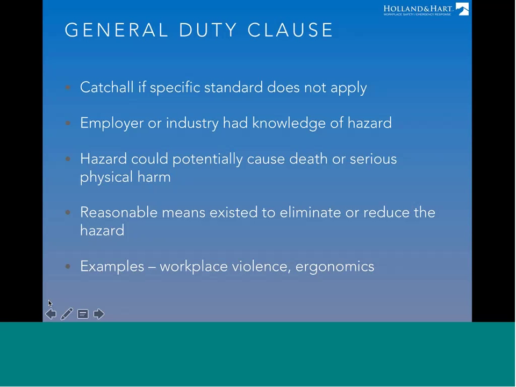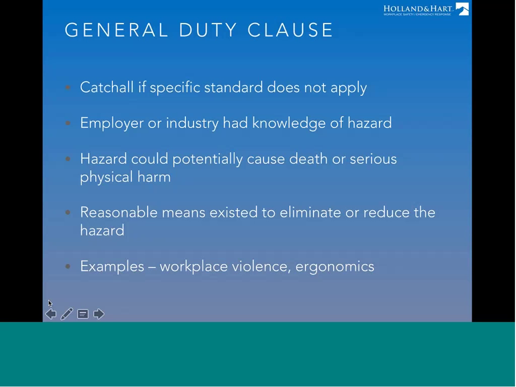The elements of the General Duty Clause are significant for purposes of this presentation today because in a lot of respects, the regulatory scheme does not exist for the hazards that OSHA is seeking to enforce in the healthcare context.